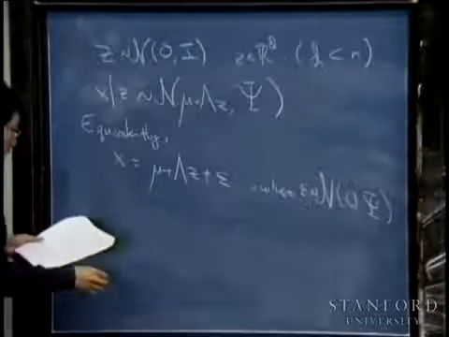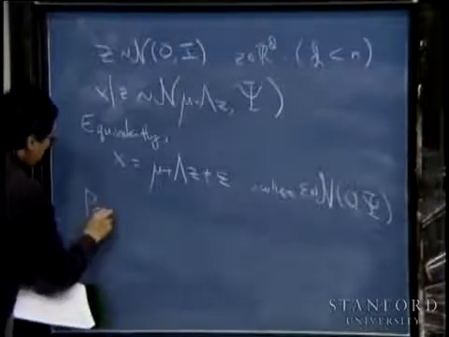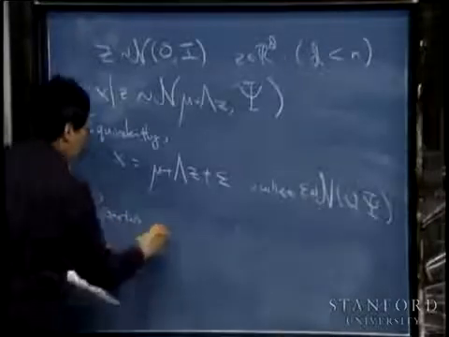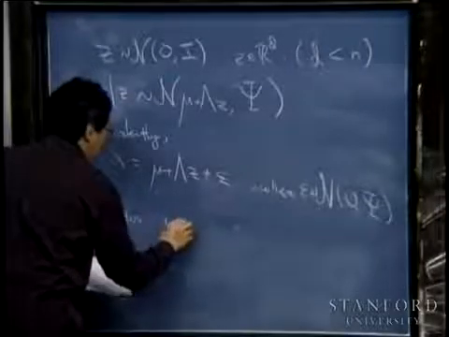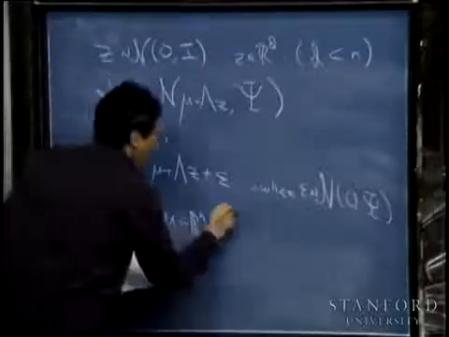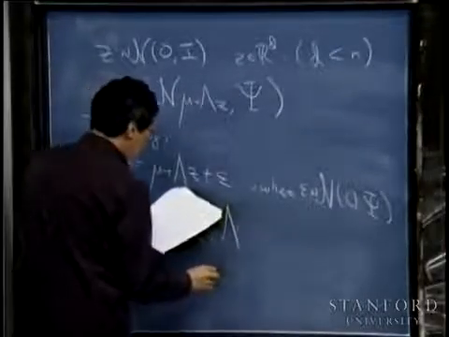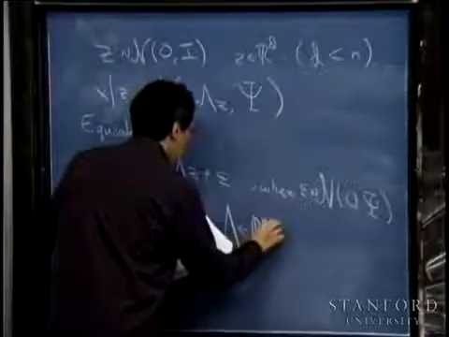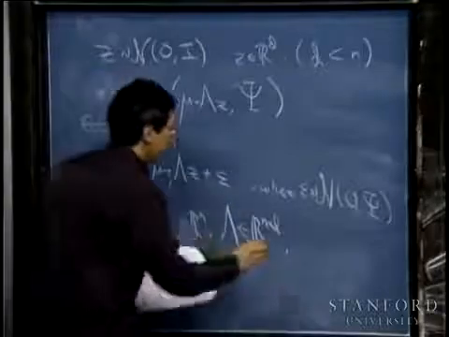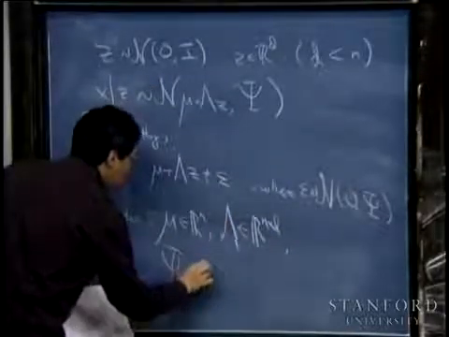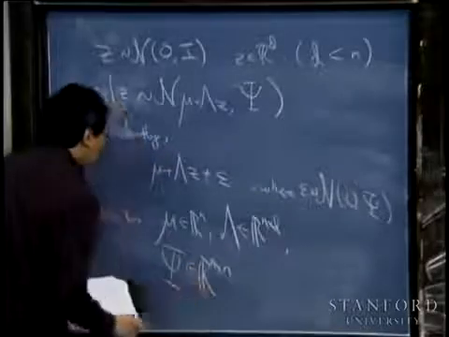And so the parameters of this model are going to be a vector mu, which is n-dimensional, a matrix lambda, which is n by d, and a covariance matrix psi, which is n by n.